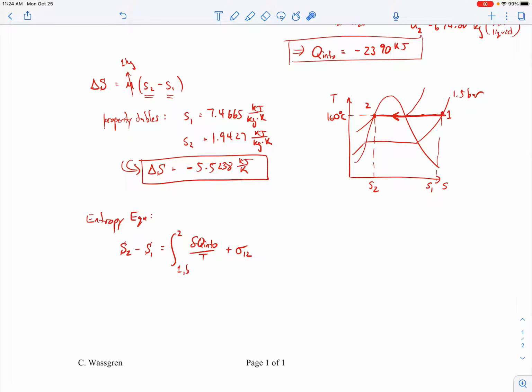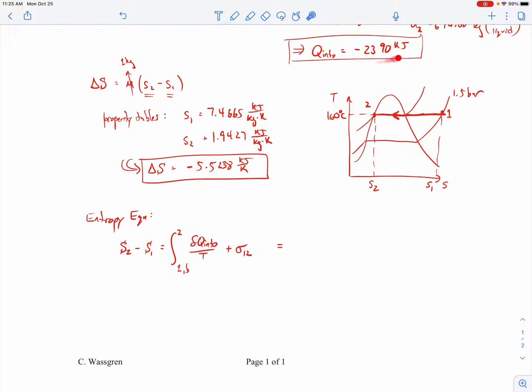So in our particular case, we're told that it's an isothermal process, and we know what the heat transfer is. We found the heat transfer up here. We know everything's isothermal. And we also know delta S. So we have delta S here. It's S2 minus S1, which is minus 5.5238 kilojoules per Kelvin. We know the heat transfer.